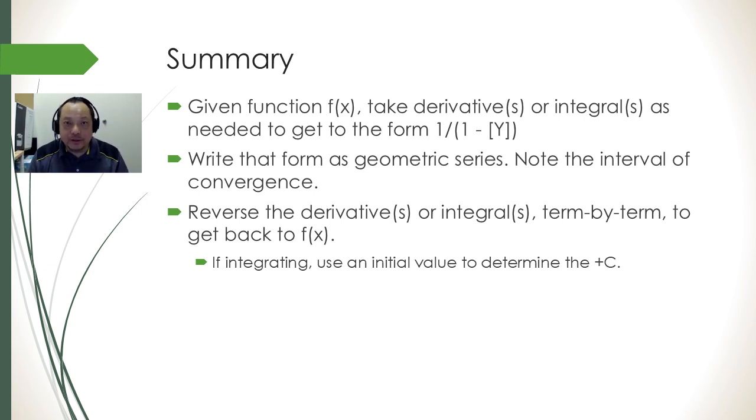And that's why the interval of convergence is important. Now, if the process involves taking an integral, then make sure that you write the plus c. And you have to go through the work to find out what plus c is. The two examples that we've had both have plus c equals 0, so that's awesome. But there's no guarantee that c is always going to be 0.